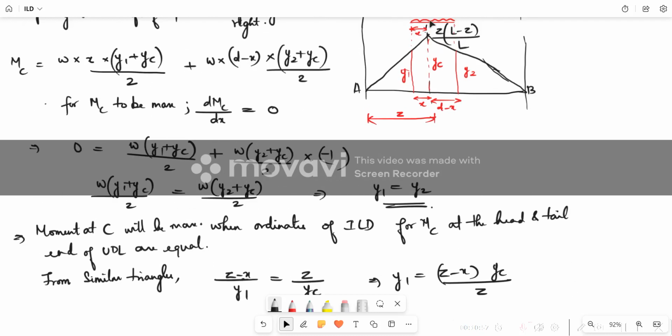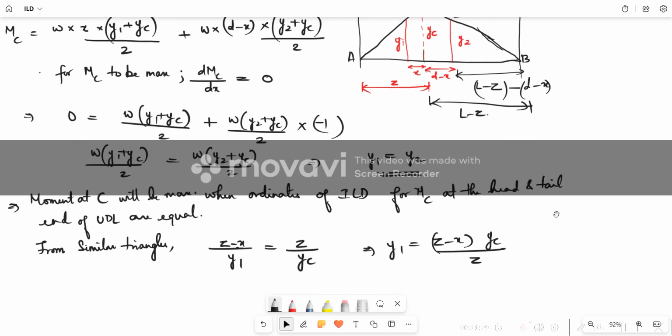Also, from this part of the triangle, this right hand side, y2 divided by yc is equal to what is this? This y2 means you need to get this distance. So that distance is nothing but L minus z minus (d minus x). And this one, from here to here, is nothing but L minus z.